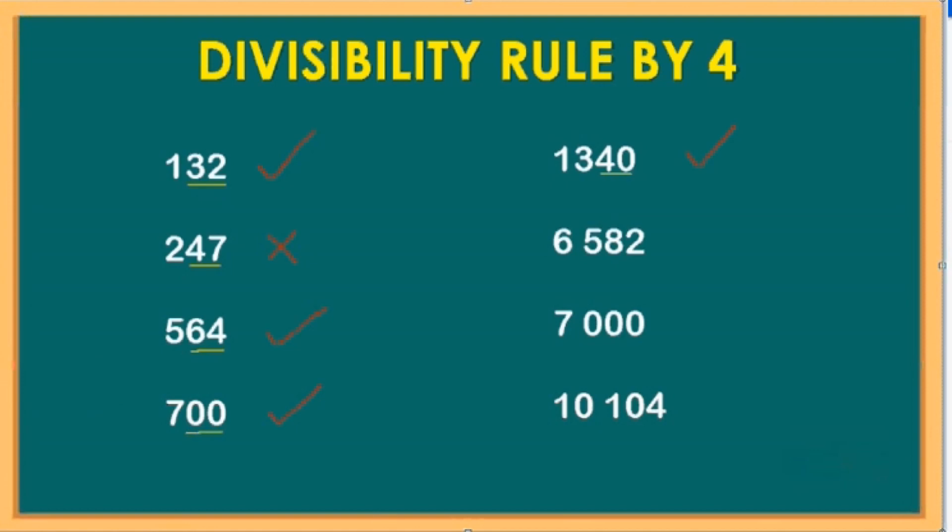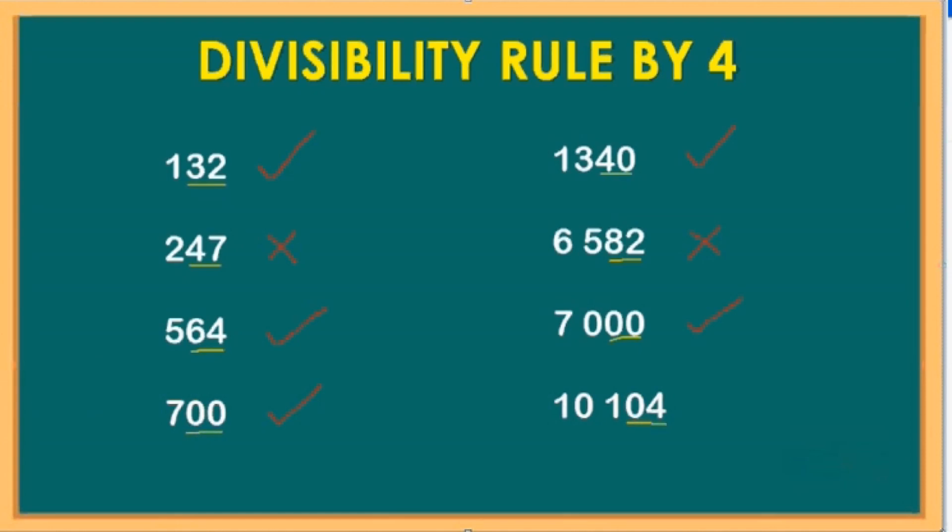6582. It's not divisible by 4 because 82 is not divisible by 4. For 7,000, it ends in two zeros. Therefore, it is divisible by 4. And for 10,104, 04, the value is 4.